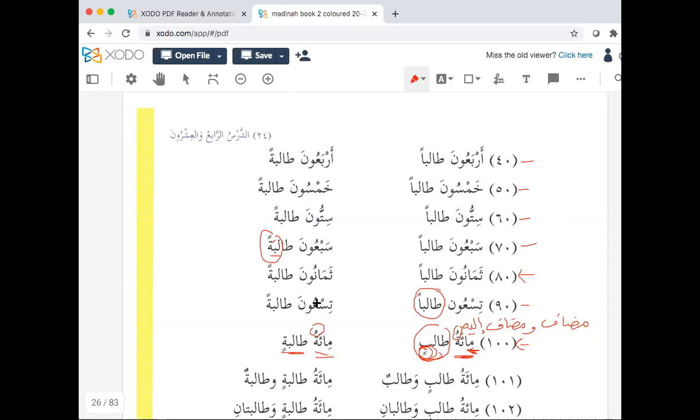So, for example, let's come on this side over here, clear all these notes. You might say, for example, رأيت مئة طالب. رأيت مئة طالب. Okay.